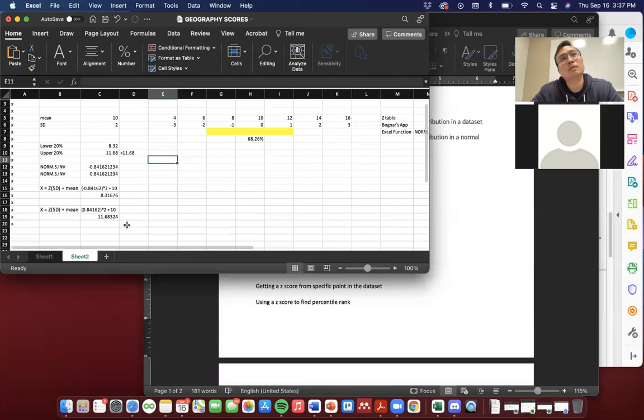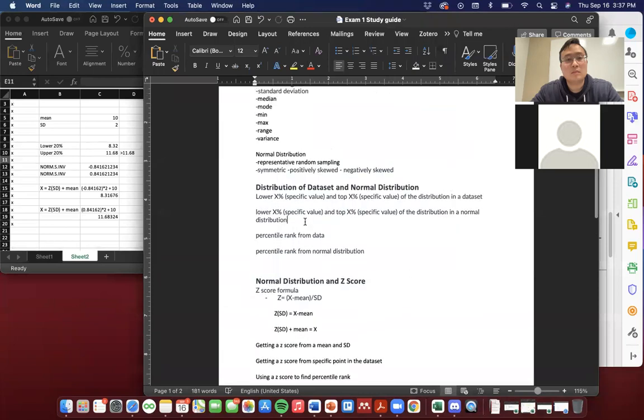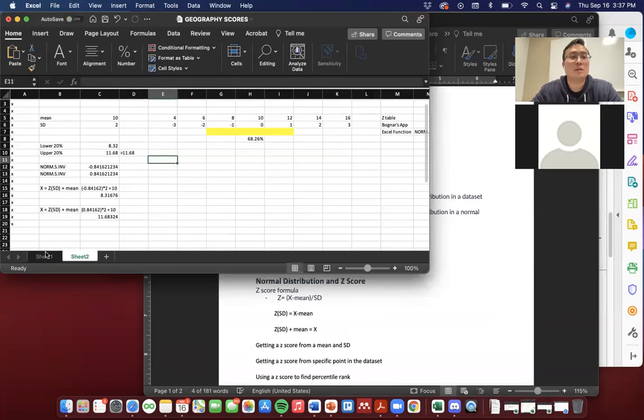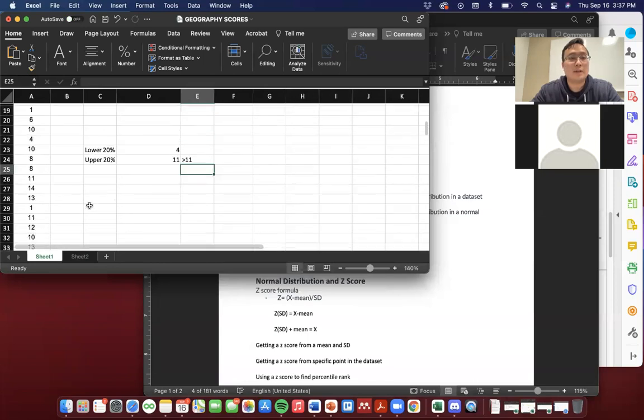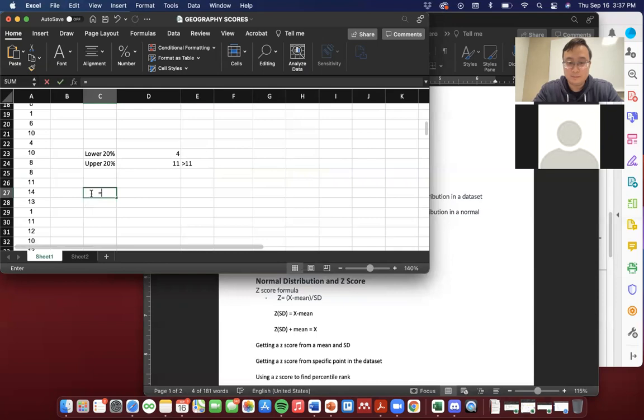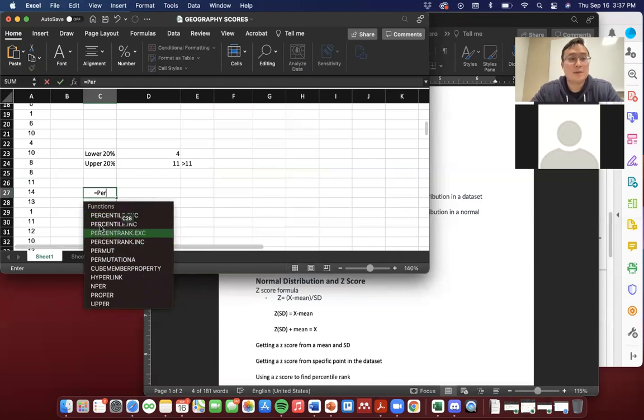What else? Am I missing anything? Cover this, cover this. Percentile rank from data. Okay, so let's do the percentile rank function. Oh, I'm sorry, you won't have access.